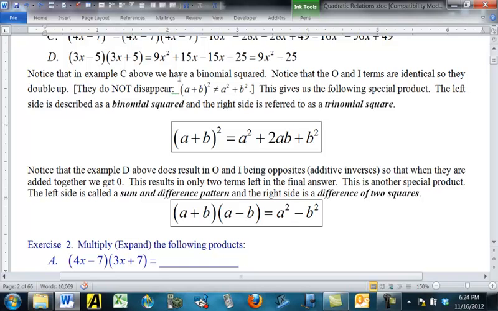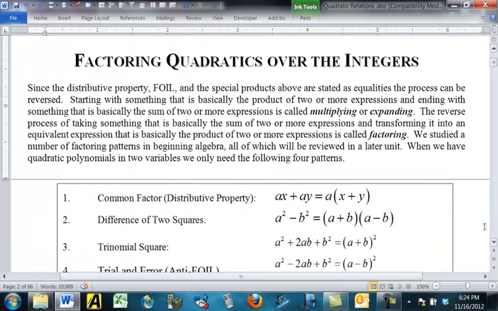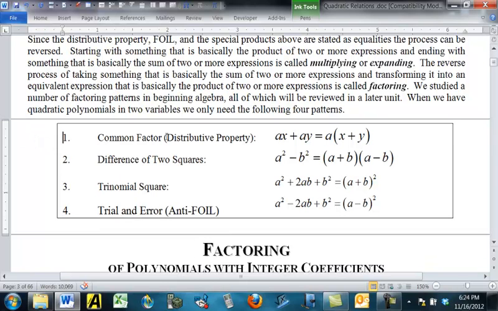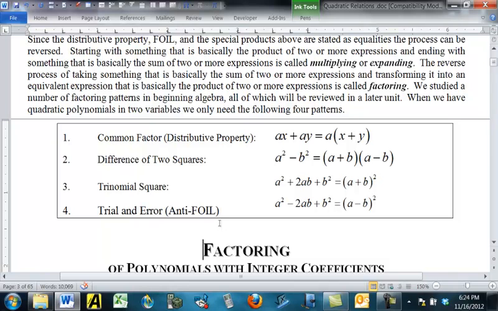But the answer is basically two terms added or subtracted together. We can go the other direction though. We can start with something that's added together, and then break it down into two or more things multiplied together.